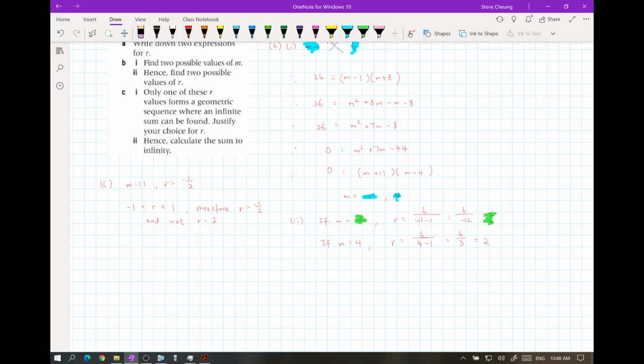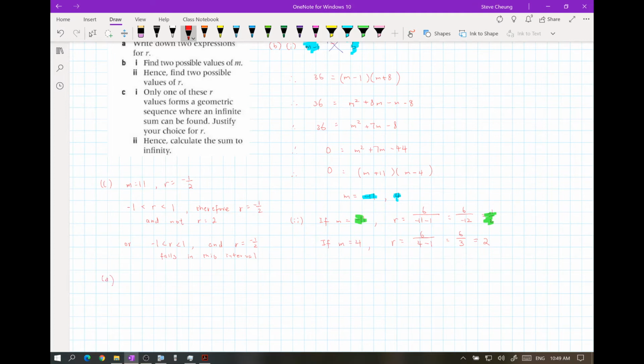Or you can just say the statement here and R equals -1/2 falls in this interval. Okay, just to make it really clear. But once you list out what the restriction is, it's pretty obvious that you know what you're doing.